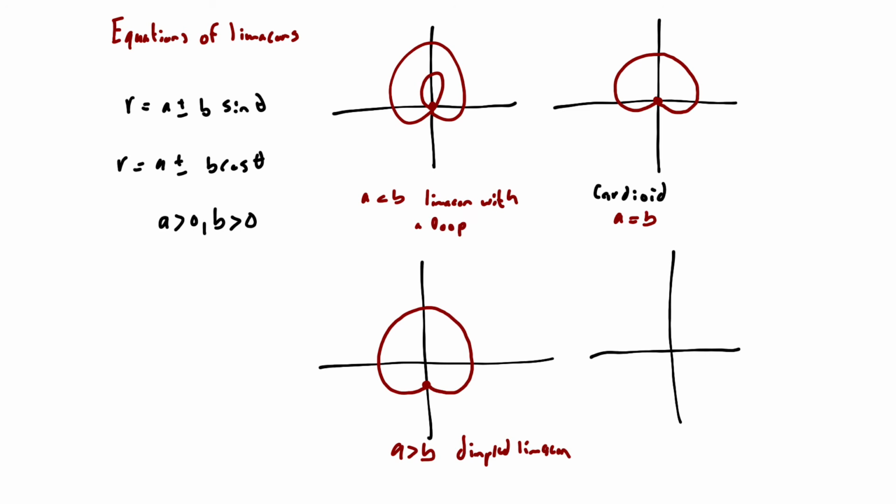And finally, the last case is when our a value is greater than or equal to 2b, then we further push out our dimple, so it looks like it's almost a circle. So one way to think about this family of polar functions is that as our a value is getting larger, we're really pushing this loop out further and further until we get to the point where our limacon more or less looks like a circle.